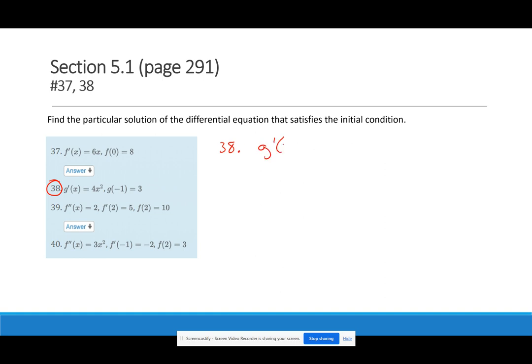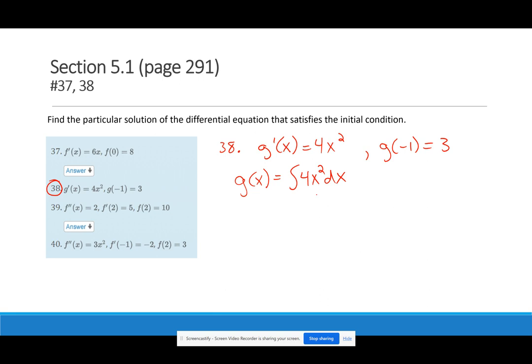Here we're being given that g prime of x is 4x squared, and then we know that g of -1 should equal 3. So what we're going to do is integrate 4x squared with respect to x, and then that will be g of x.